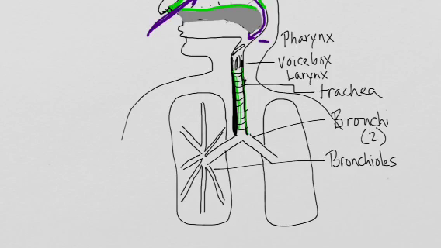When someone is suffering from bronchitis, they're suffering from inflammation, a mucus buildup, because all of these are minutely lined with mucus, naturally. If you have something like bronchitis, you are suffering from a buildup of mucus in your bronchi and bronchioles.